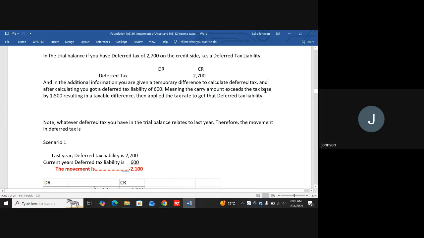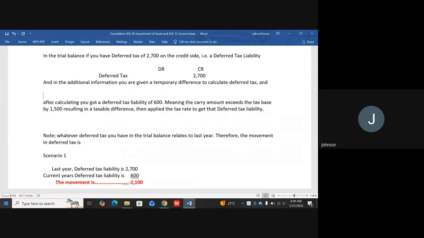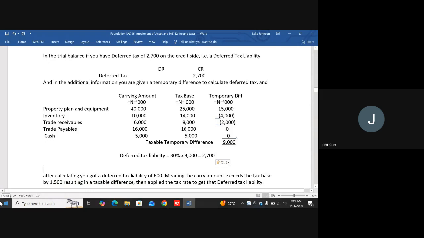Let's put it here. Ctrl V. Now here, you already have the carrying amount of an asset.